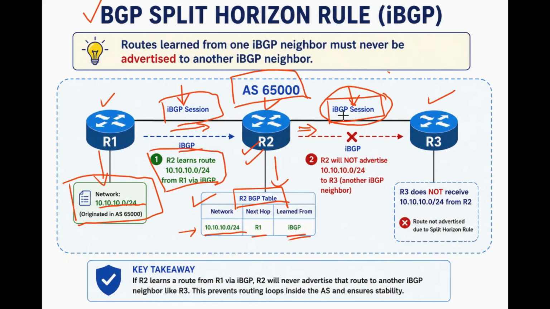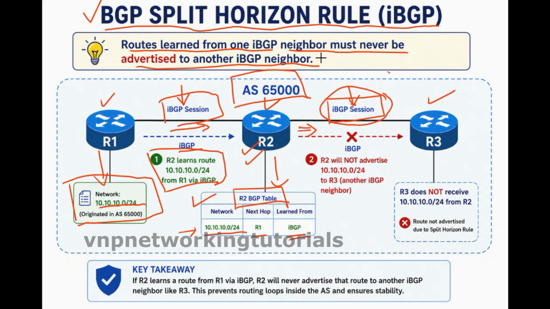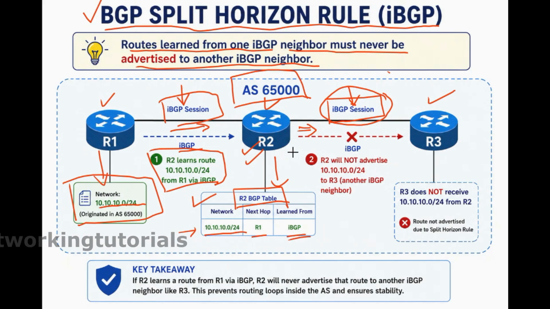And this is exactly where the BGP split horizon rule comes into the picture. The BGP split horizon rule states that routes learned from one iBGP neighbor must never be advertised to another iBGP neighbor. So, because R2 learned the route from R1 through iBGP, R2 is not allowed to advertise the same route to R3.